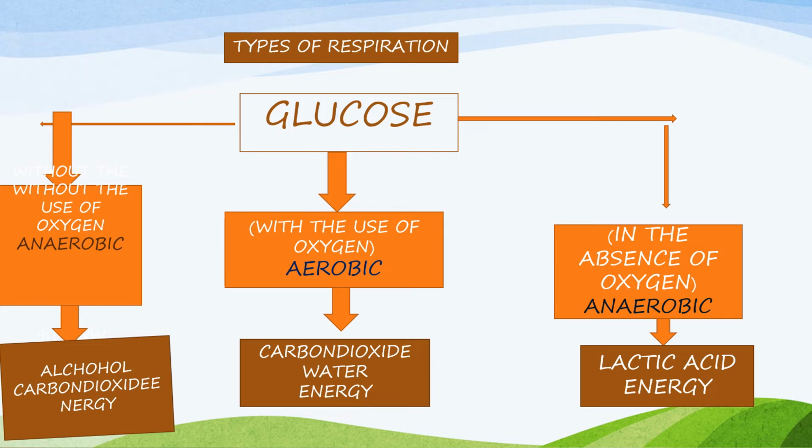Here, oxygen is not used for the release of energy from food molecules. An organism is described as anaerobic when it does not require oxygen to produce energy. Alcohol, carbon dioxide and energy are the products of anaerobic respiration.